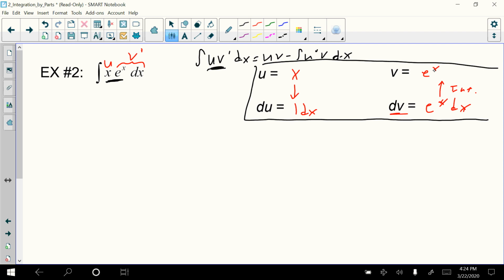So again, I'm going to go ahead and write it out one more time. We have the integral of u times v prime dx equal to u times v minus the integral of u prime v dx.